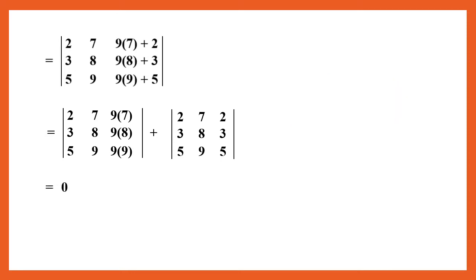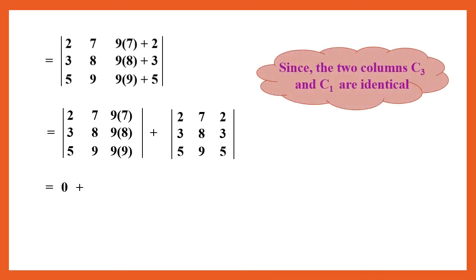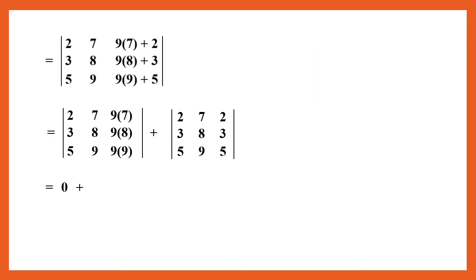So the value of the first determinant will be 0. Similarly, in the second determinant, the elements of first column and the third column are identical. So the value of the second determinant will also be 0. So 0 plus 0 is equal to 0, which is the required RHS.